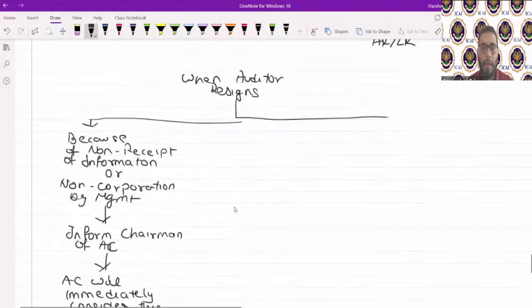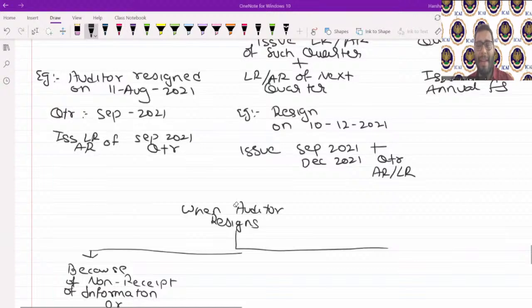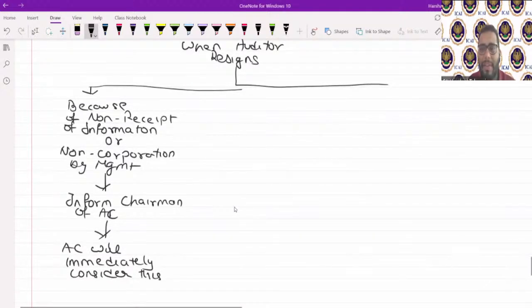They will not wait for the next quarterly meeting, because 4 times in a year they are required to meet, but they will not wait for this. You need to provide the details. Which were the details you asked for, which were the details you are not getting, non-availability of information, all the details.